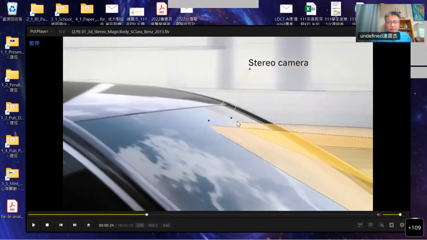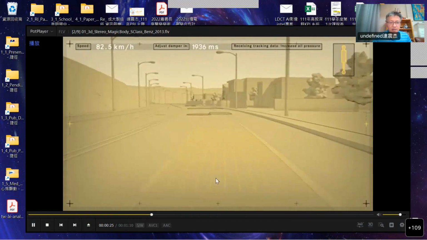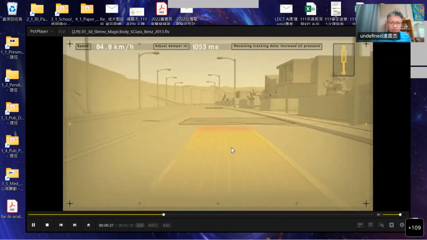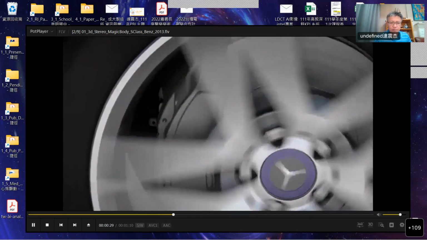So they have a stereo camera here, and they try to scan the plane of the road, the road surface condition. Because the road will sometimes be high and low, not stable. So based on this sensor, the road ahead, the exact surface contour is then passed on to active body control.